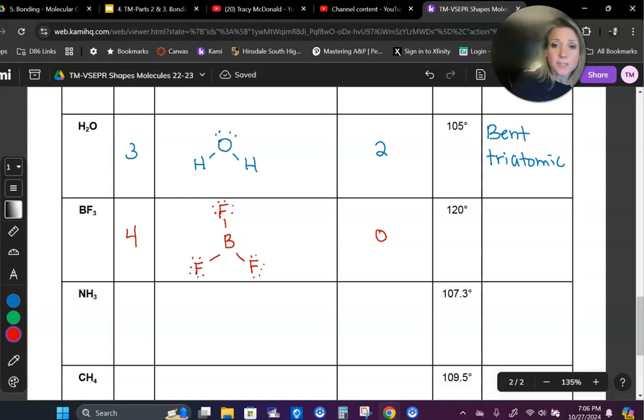So if you think of this as a circle, it's going to look like a Mercedes-Benz symbol, where boron is here in the middle, and then the fluorines are equidistant from each other all around the circumference of that circle. So the name of this is a flat molecule. So this is called trigonal because we have three angles, and it's flat, so it's trigonal planar.